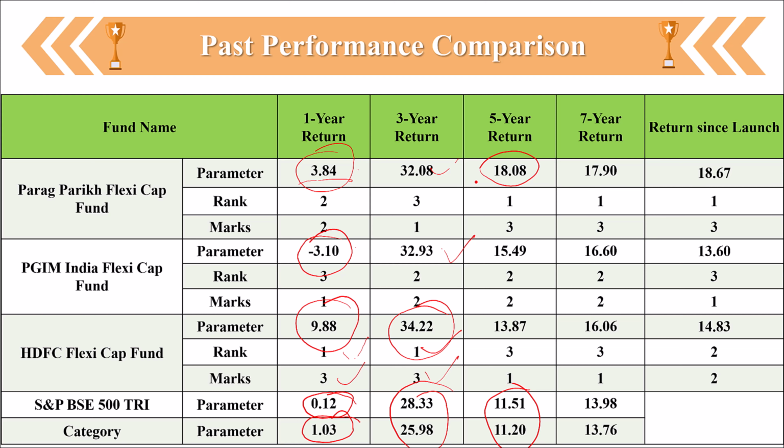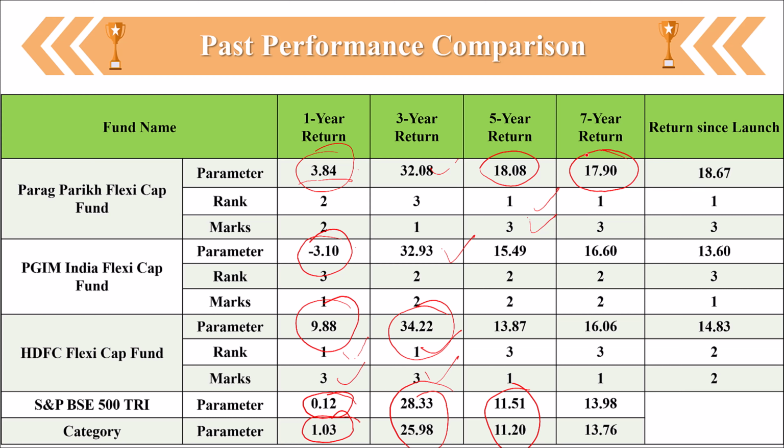That's why they have been ranked 1 and marks 3 have been allocated. Next, on the 7-year return basis, again the Parag Parikh Flexi Cap Mutual Fund has given a good return as compared to the other mutual funds, and all these mutual funds are able to beat the benchmark as well.